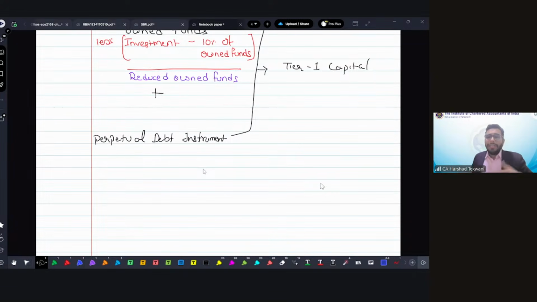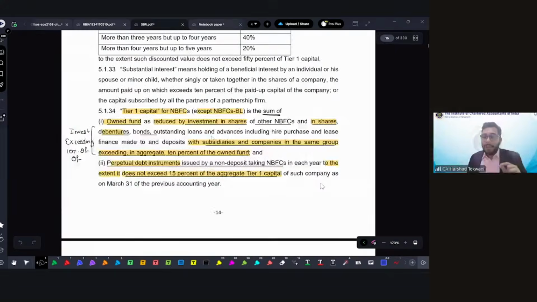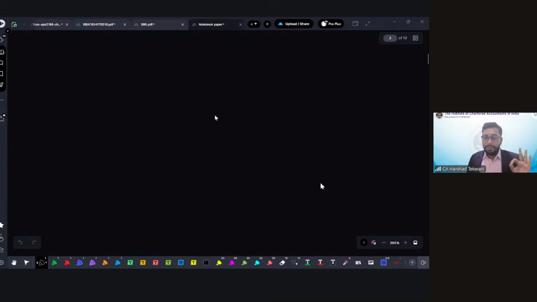Now, how much amount am I required to take for the perpetual debt instrument? I am only allowed to take it to the extent of 15% of the tier 1 capital of the previous year. Whatever tier 1 capital amount was there of the previous accounting year, I cannot go beyond 15% of it.